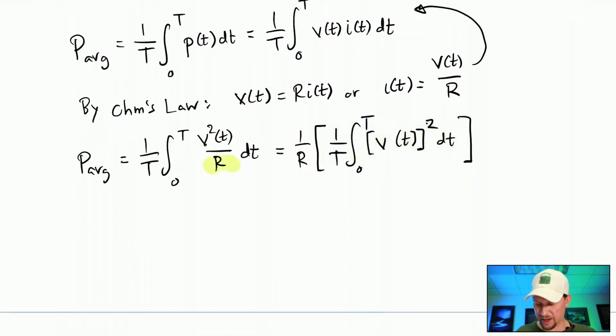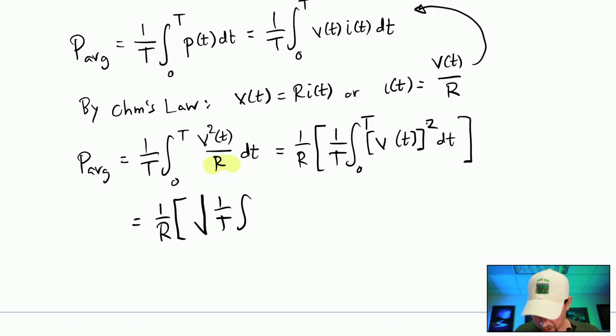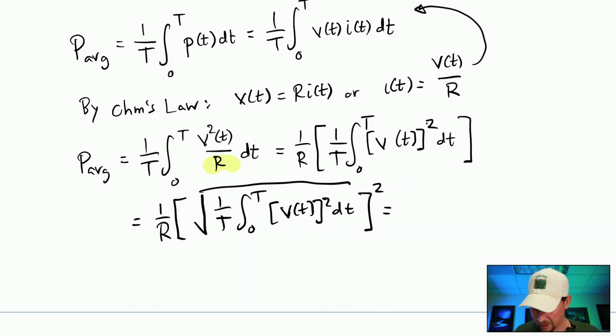So what we actually have in this parentheses is 1 over R, 1 over the square root of 1 over T, v of t squared dt, whole quantity squared. This right here is the RMS value for the voltage, so what we actually have is the RMS value over R.